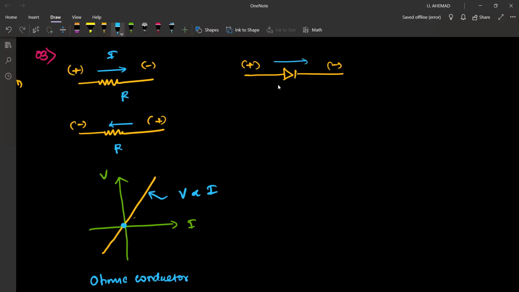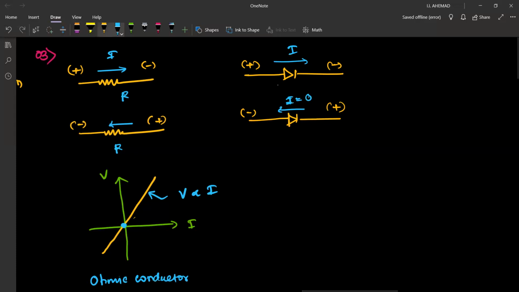In your OLs, you might have studied about the diode. It will let current flow in one direction, but it won't allow current in the opposite direction. This side, current is equal to 0.